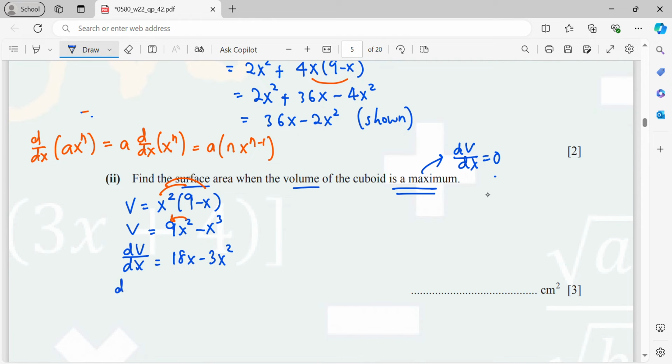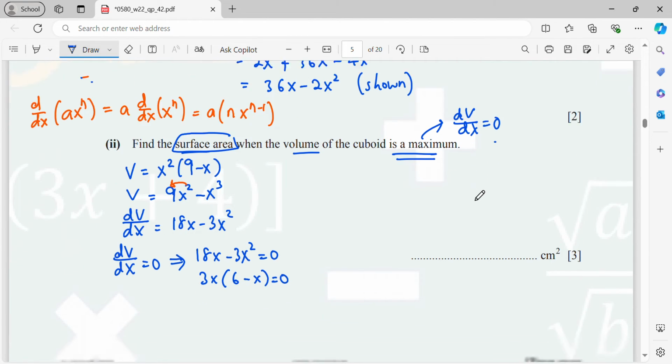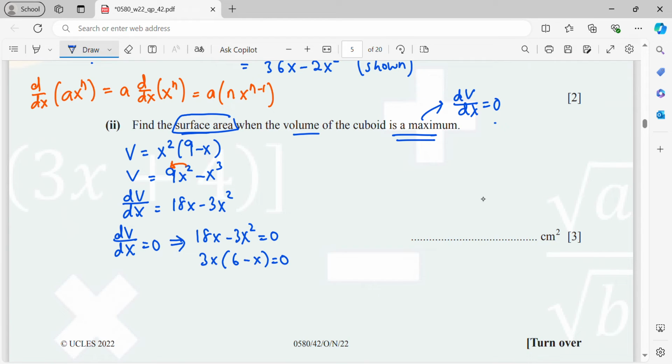And now dV/dx equals 0. From here you are expected to get the x value so that you can find the surface area. So 18x minus 3x squared equals 0. The common term is 3x, then you get 6 minus x equals 0. Now the product of two terms equals 0 means that one of them must be 0.